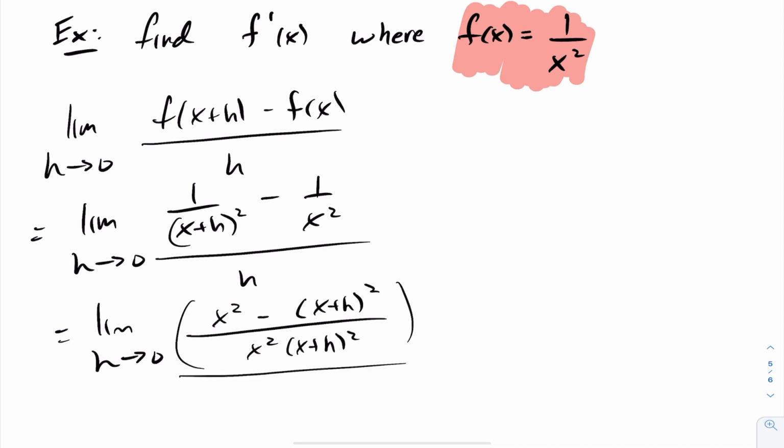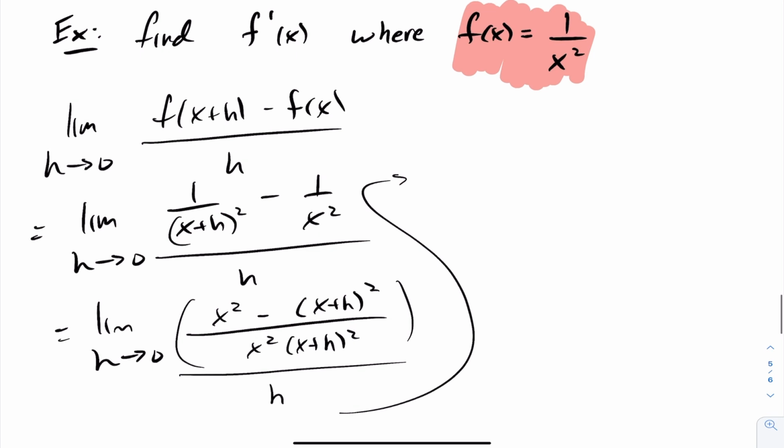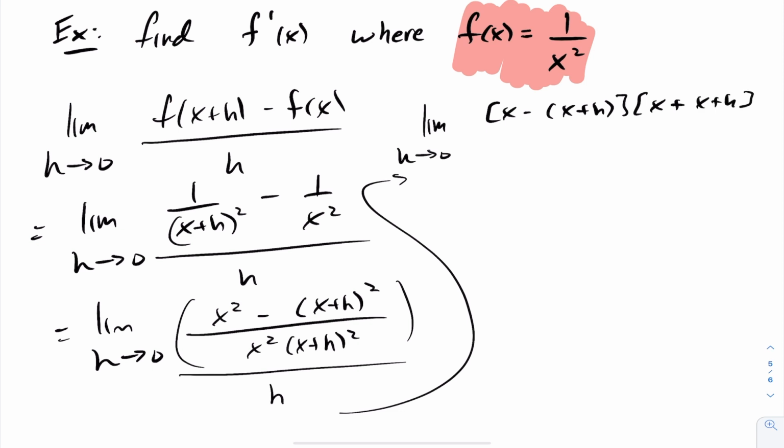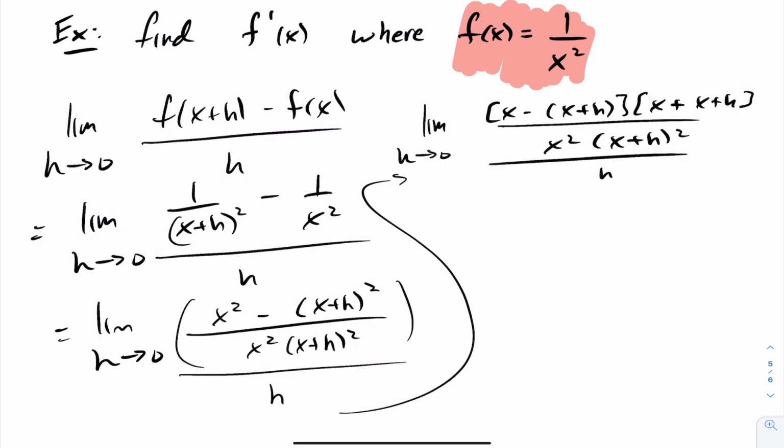And then that entire expression is divided by h. So now what we're going to do is you've got yourself a difference of squares in the numerator. So this is a limit as h goes to 0 of x minus x plus h times x plus h, over x squared times x plus h squared, over h.